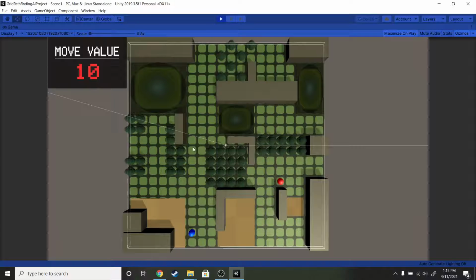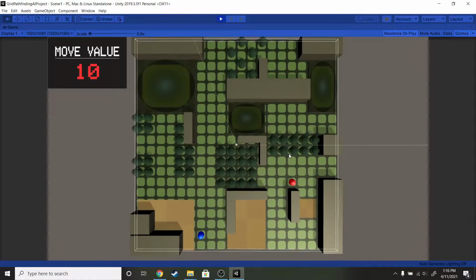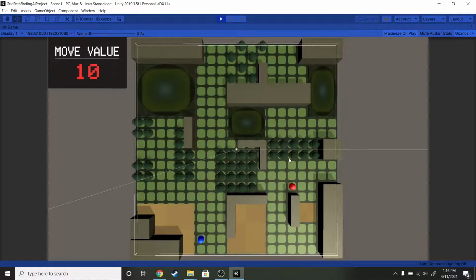So for the sake of clarity, I'm going to be showing my editor build so that gizmos can be displayed, because I did not have time to implement custom code to create my own gizmos for my build.